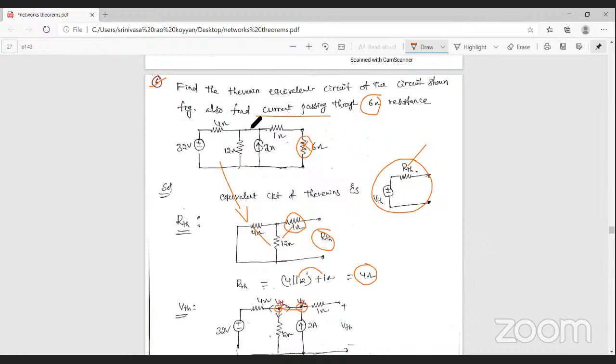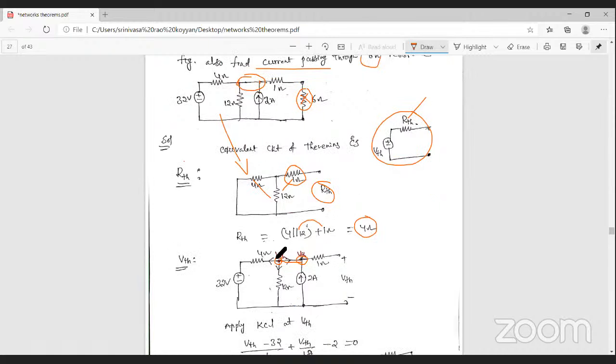You can observe that here. That's why these two nodes are the same. So here is the Thevenin's voltage and here also the Thevenin's voltage. Then you can apply KCL at this node, and then you can get the Thevenin's voltage.